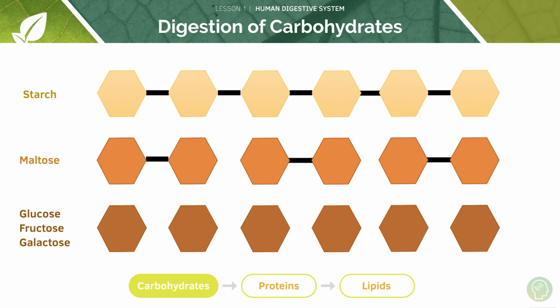So note how we go from a long chain up here to small chain. This is basically your process of digestion, and it is a common theme that will occur throughout the digestion of carbohydrates, lipids and proteins.